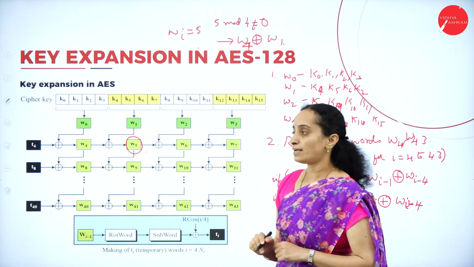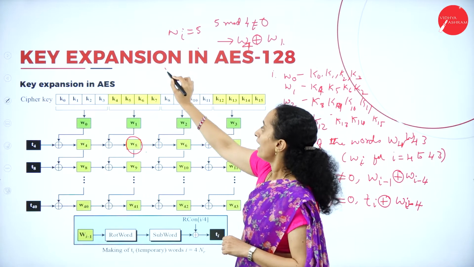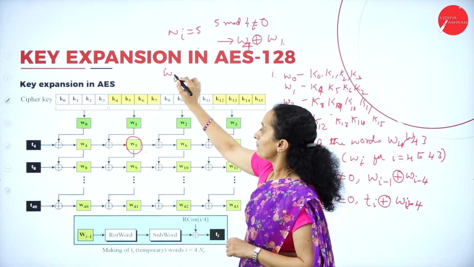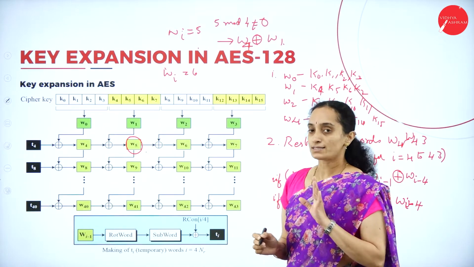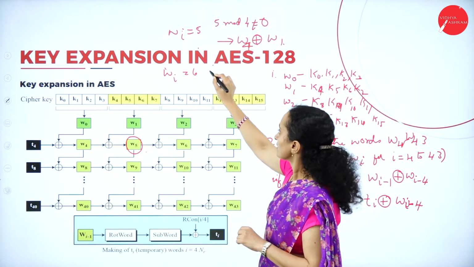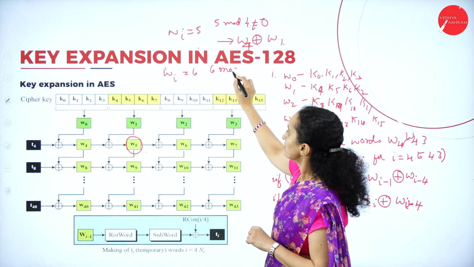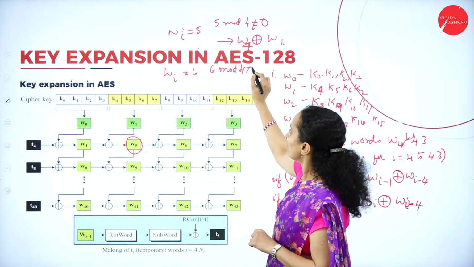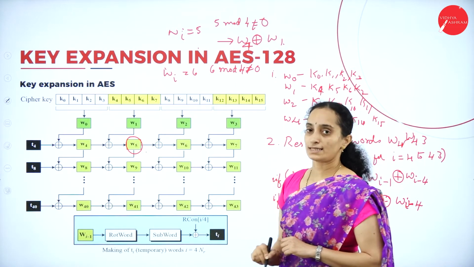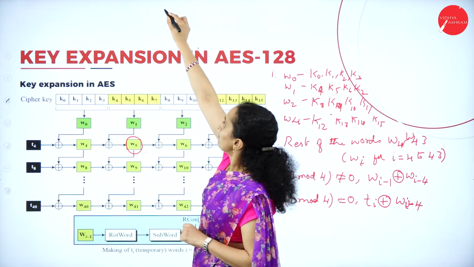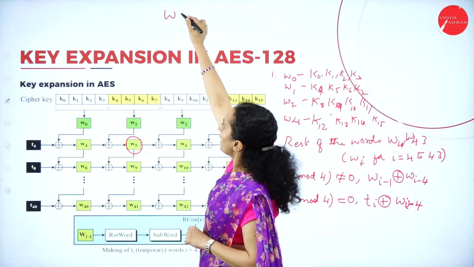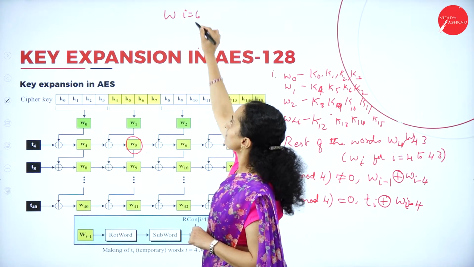Same with W6. If I take i equals 6, 6 mod 4 is not equal to 0, isn't it? Suppose you take the next word, W[i] with i equals 6.